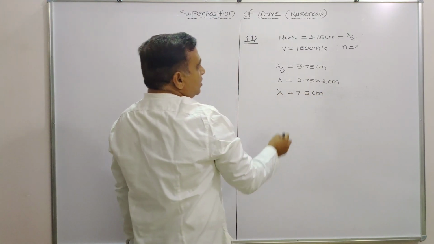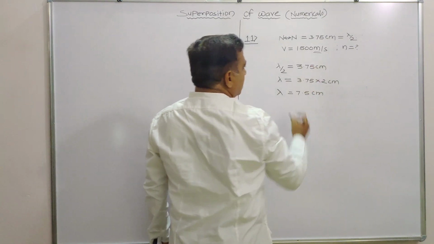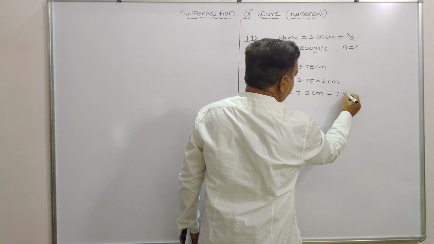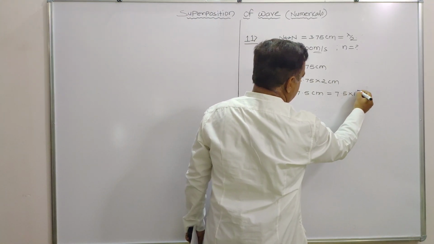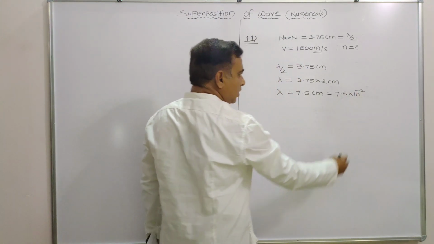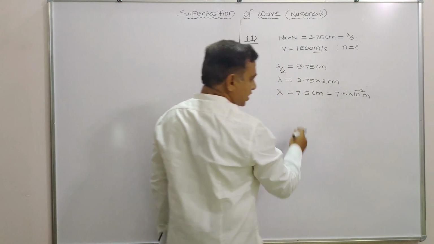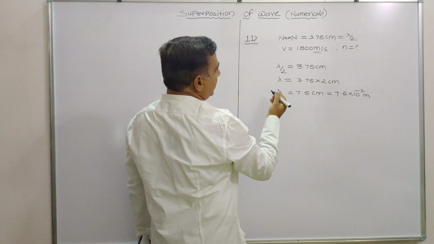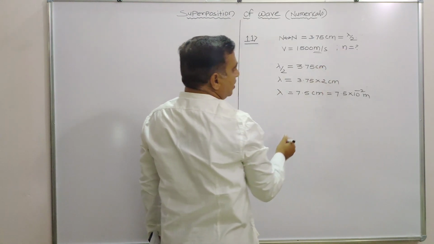Observe this is in CGS units and we need SI units. So 7.5 into 10 raised to power minus 2 is in meter. Conversion, centimeter to meter.